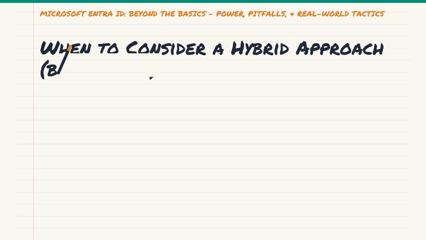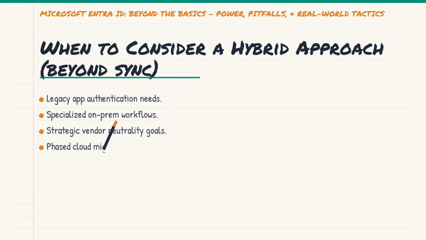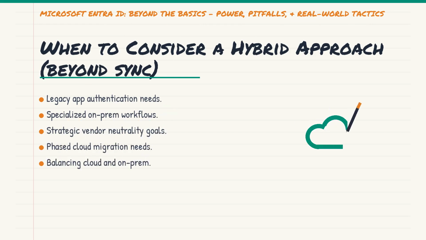Sometimes, pure Entra ID isn't the answer. You might need a hybrid approach that isn't just about syncing users. For example, if you have critical legacy applications that absolutely must authenticate against an on-prem AD domain, you'll need Entra ID to federate with that on-prem AD, often through ADFS or a similar solution, rather than trying to replace AD entirely.